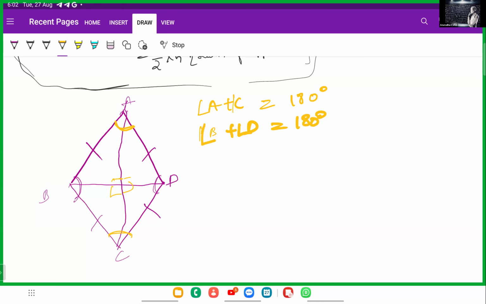But suppose all of A, B, C, D are 90 degrees, then it will be a square. What's the use of discussing rhombus here?